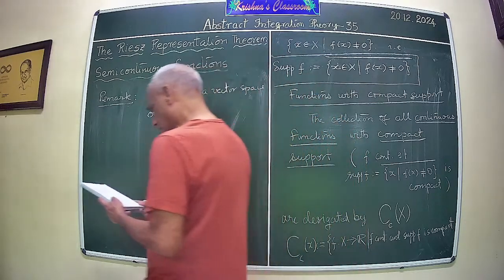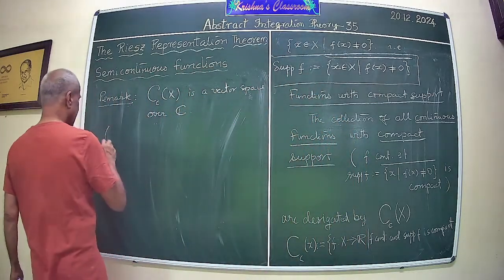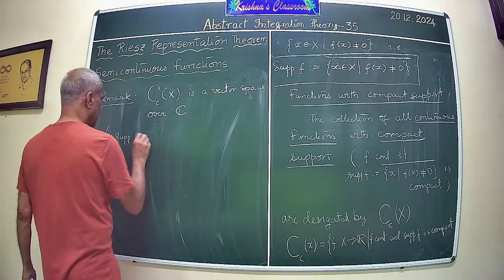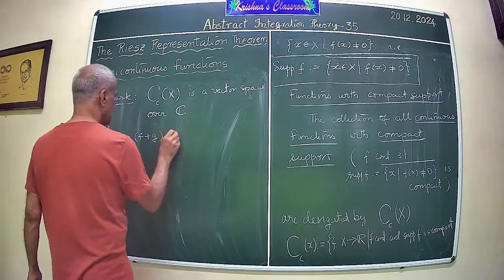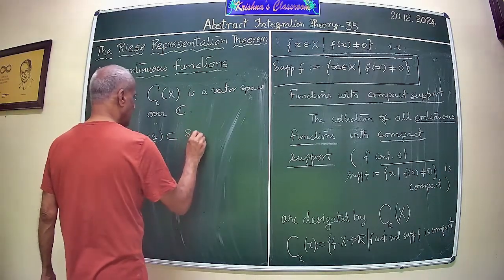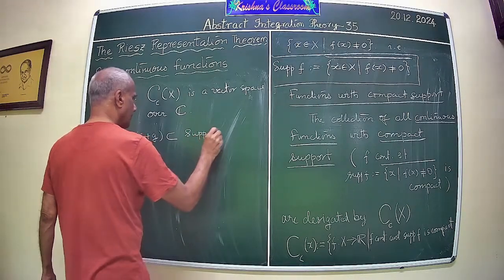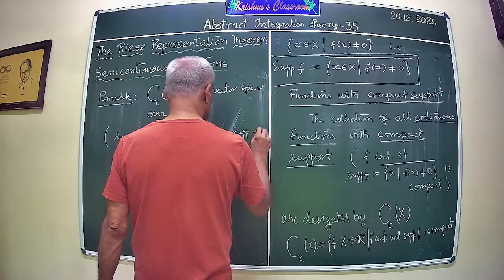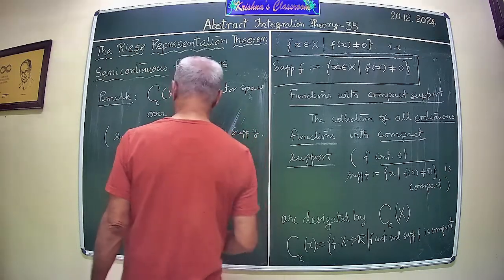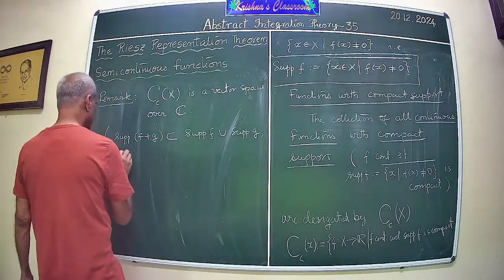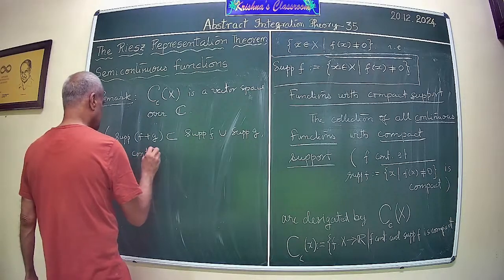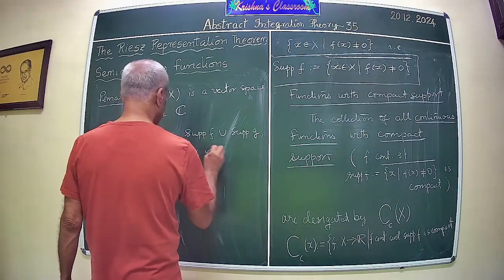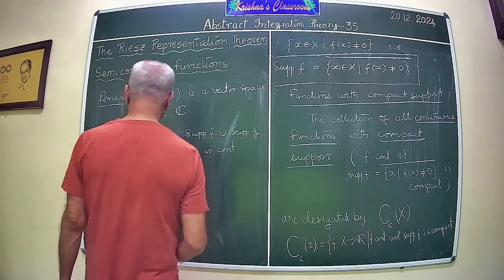The reason is the support of f plus g is contained in the union of the supports.